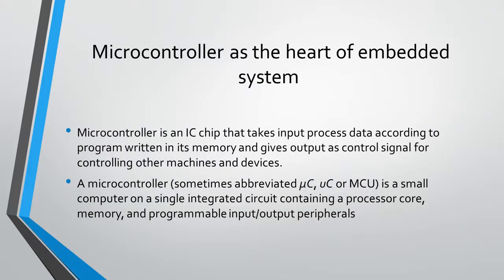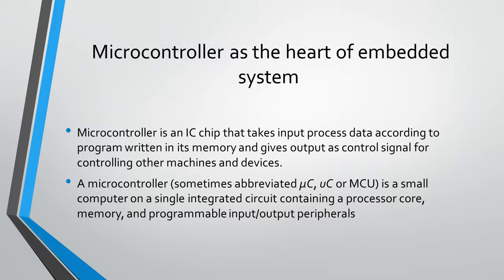Now we will see how the microcontroller works as the heart of the embedded system. Regarding the role of the microcontroller in the embedded system, a microcontroller is an IC chip that takes input and processes the data according to the program written in its memory, and gives output as a control signal for controlling other machines and devices.